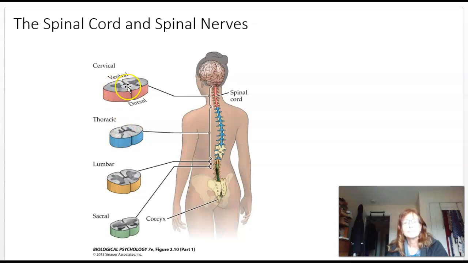You can see that this is ventral. It's labeled that because this would be on her stomach side if we were to cross section it this way, and this would be facing the back. These are the different regions along the way, part of the peripheral nervous system.